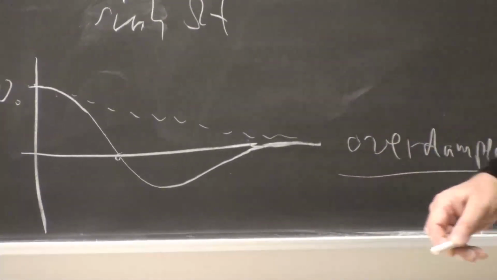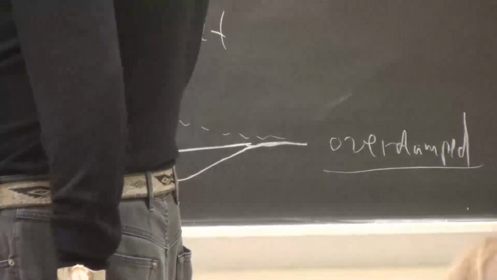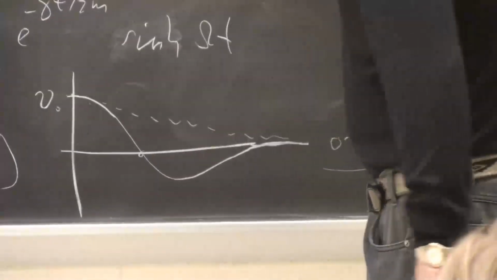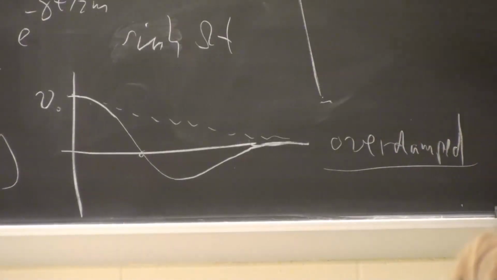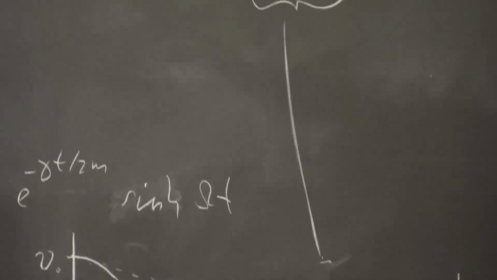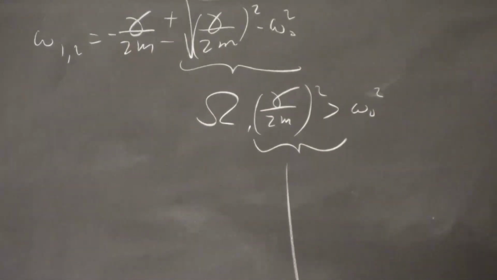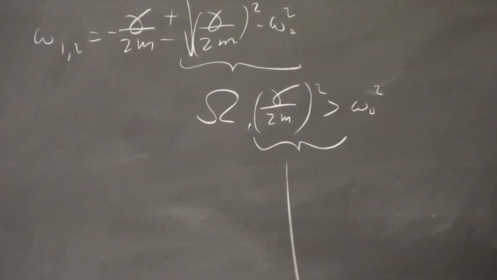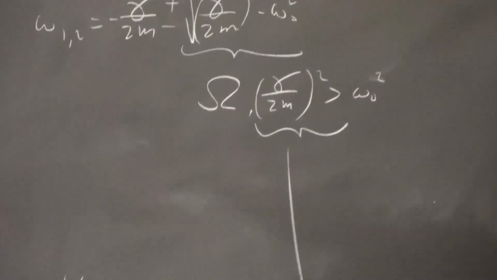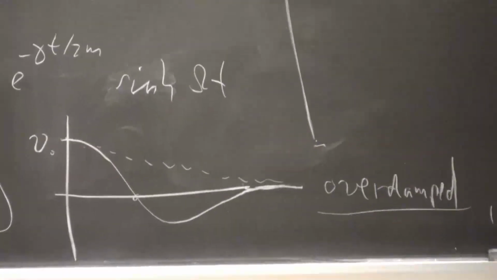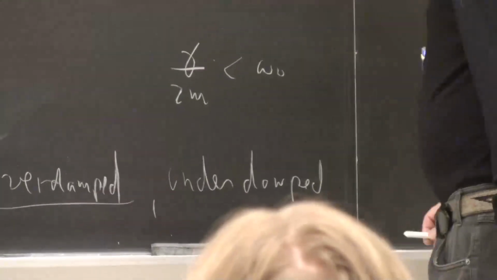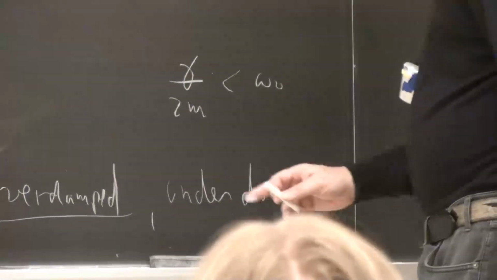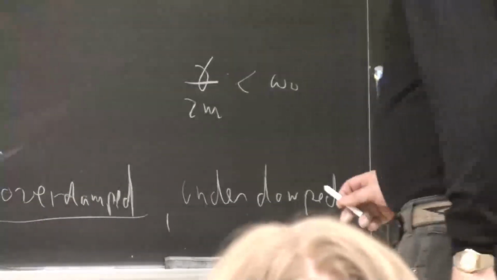The overdamped case, that is where the damping, we assume this here is overdamped, is very large, larger than the frequency. And if we have an underdamped case, then we have gamma over 2m is smaller than omega 0. And then we are getting the same, except this one now becomes i omega.